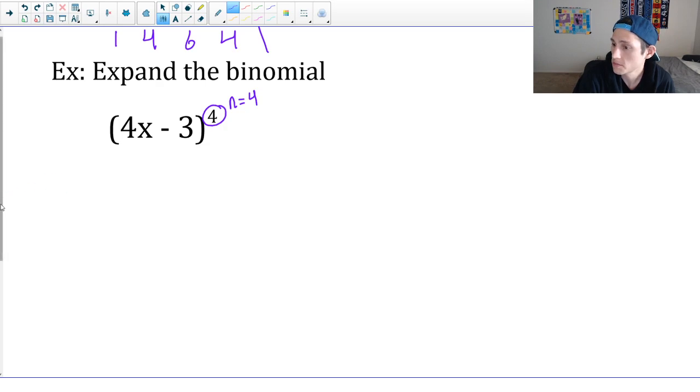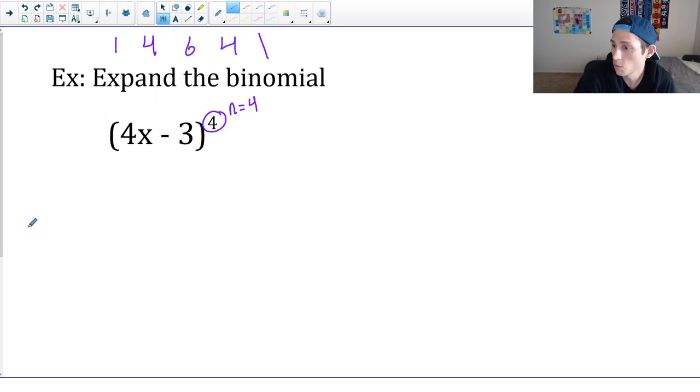So expand the binomial. Let's start with the first coefficient, 1. We'll say 4x is our first piece, and that starts with the highest exponent, which in this case is 4, n equals 4.